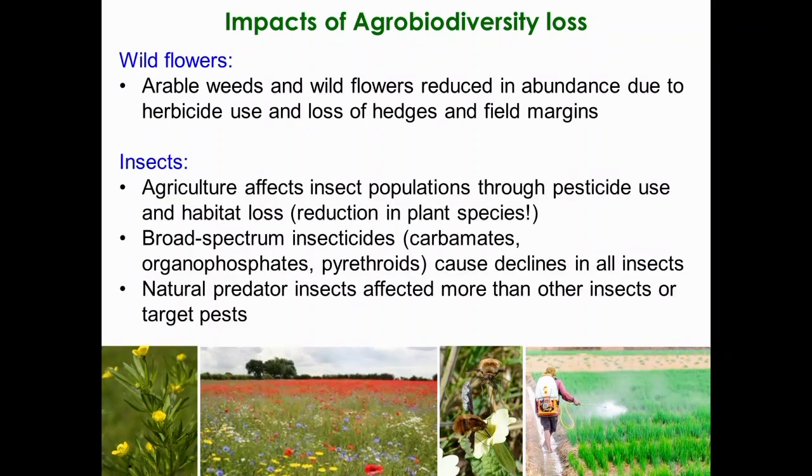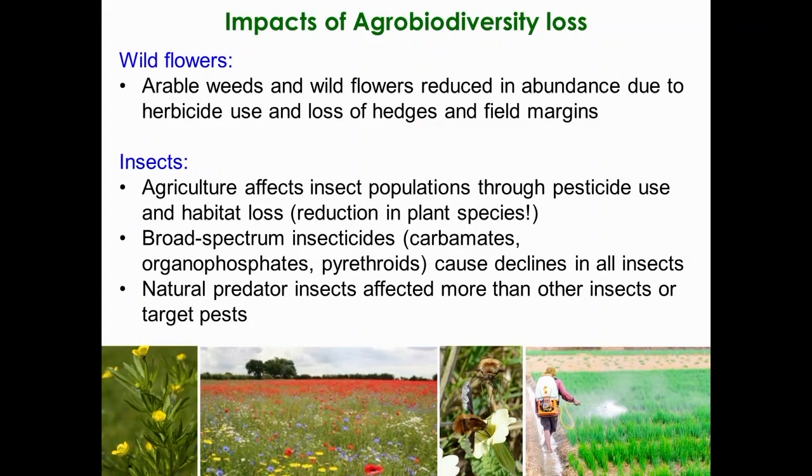And the knock-on effect of that is it's impacting on insect habitats. So many of the insects that are using these hedgerows and verges as a habitat are being impacted through this loss. In combination through equally increased use of pesticides.